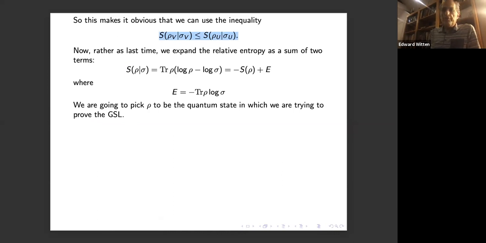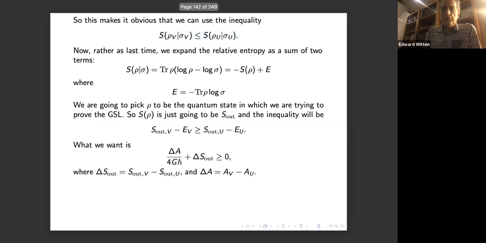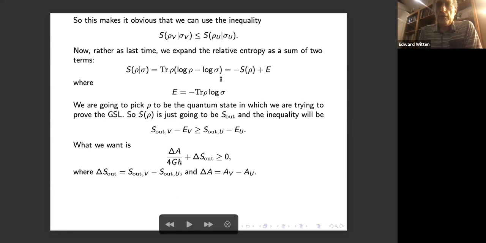Rho will be the density matrix of the quantum state where we're trying to prove the generalized second law. And sigma will be another convenient state that we'll find. So that means that S of rho is going to be S out by definition. And therefore, the generalized second law will say that S out in region V minus E in region V, which is minus the relative entropy, should be bigger than S out in region U minus E in region U.